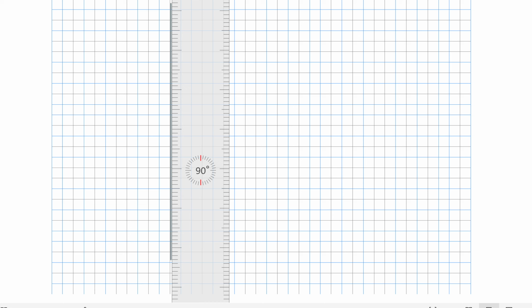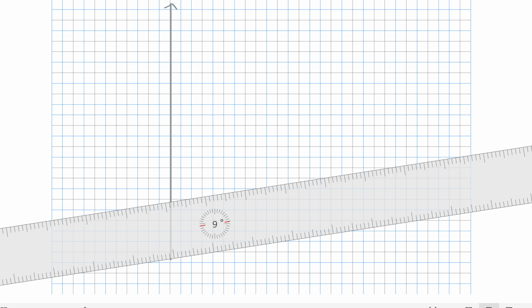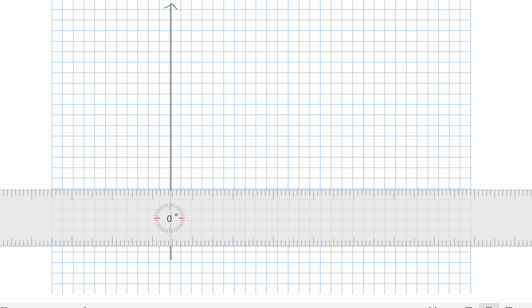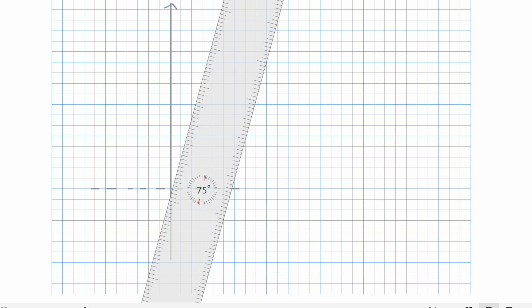So here will be my North Pole. And then somewhere here, let's just kind of make a horizontal axis, so we know where it will be. Okay, and now I'm going to draw my first vector U. So vector U was 22 degree bearing. So 22 bearing for my ruler there should be at 78.